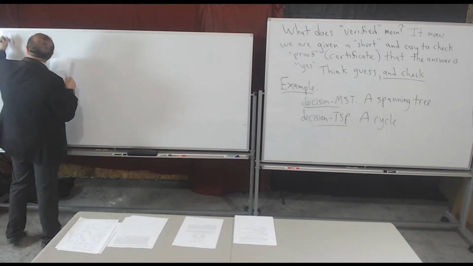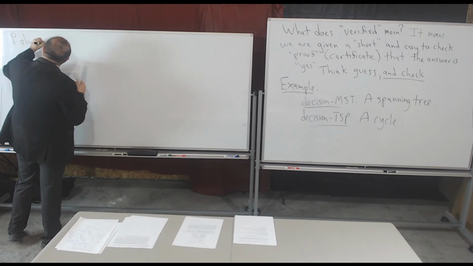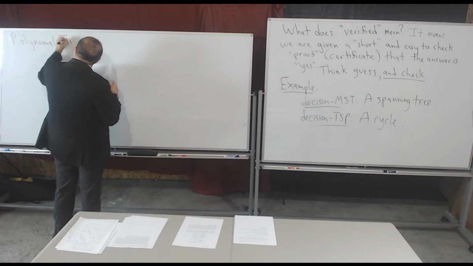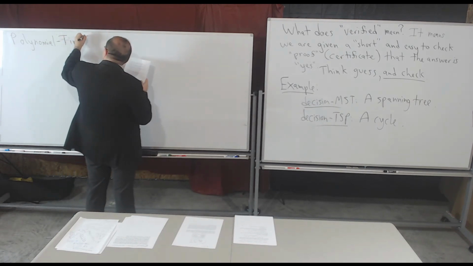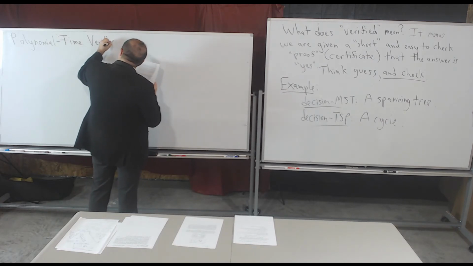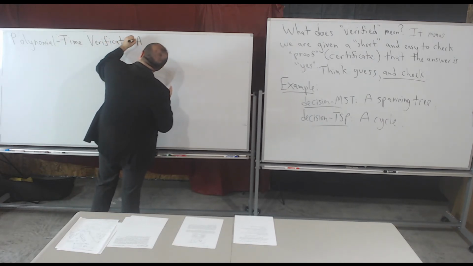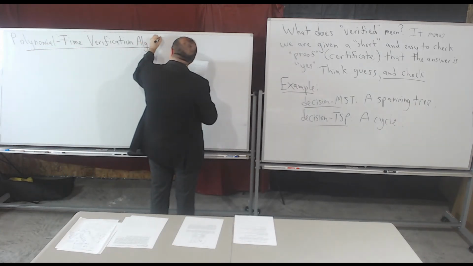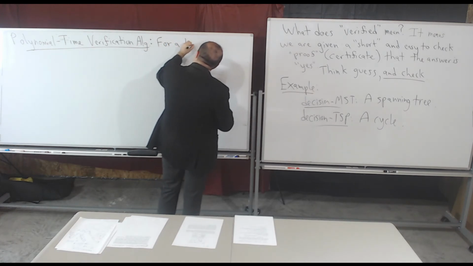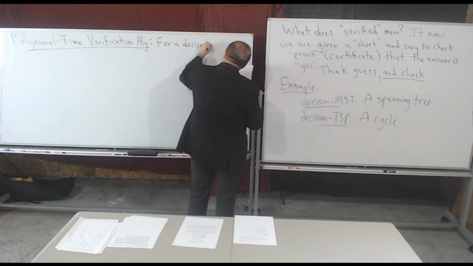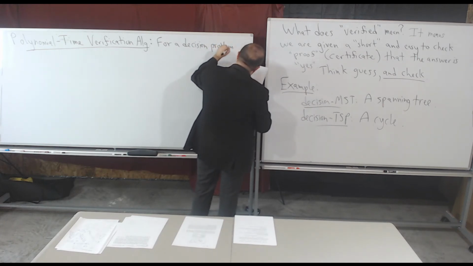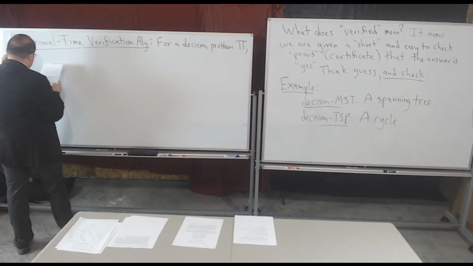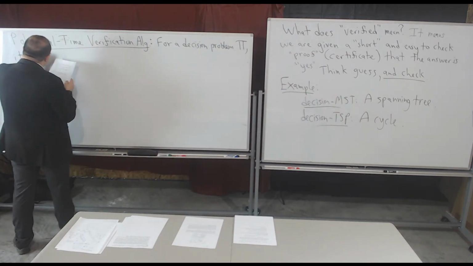So here's the definition of a polynomial-time verification algorithm. For a decision problem pi, it is an algorithm.